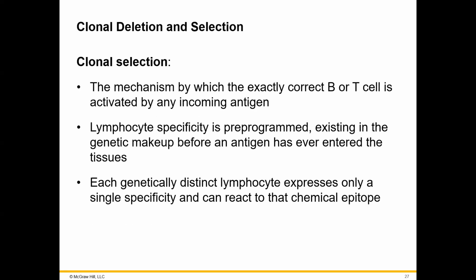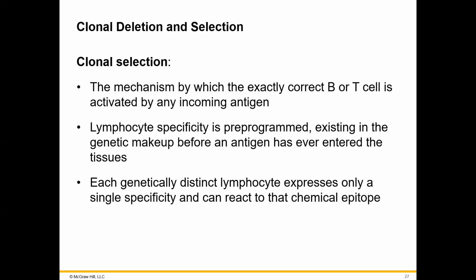Clonal deletion and selection. So when we are looking at why or which of the B or T cells is activated by any incoming antigen, that whole process is called clonal selection. After the activation, the B or T cell then multiplies rapidly in a process that's called clonal expansion.